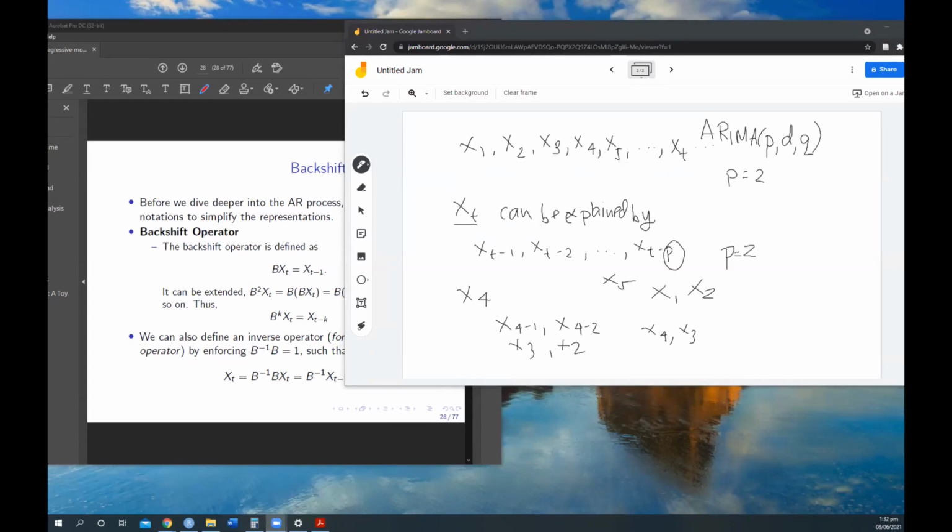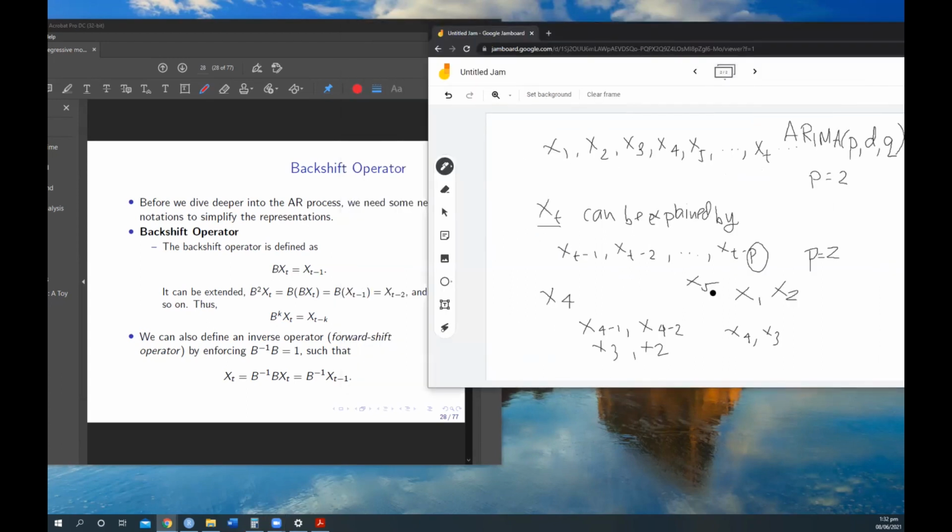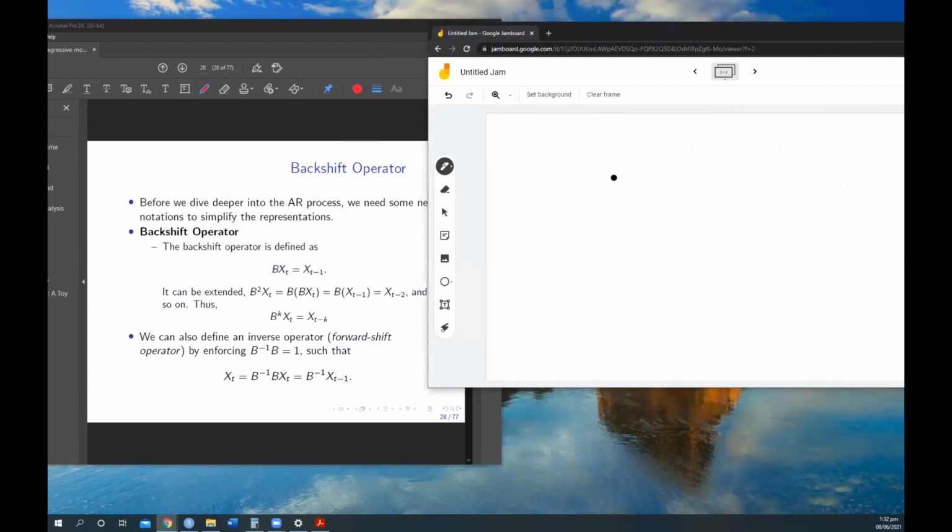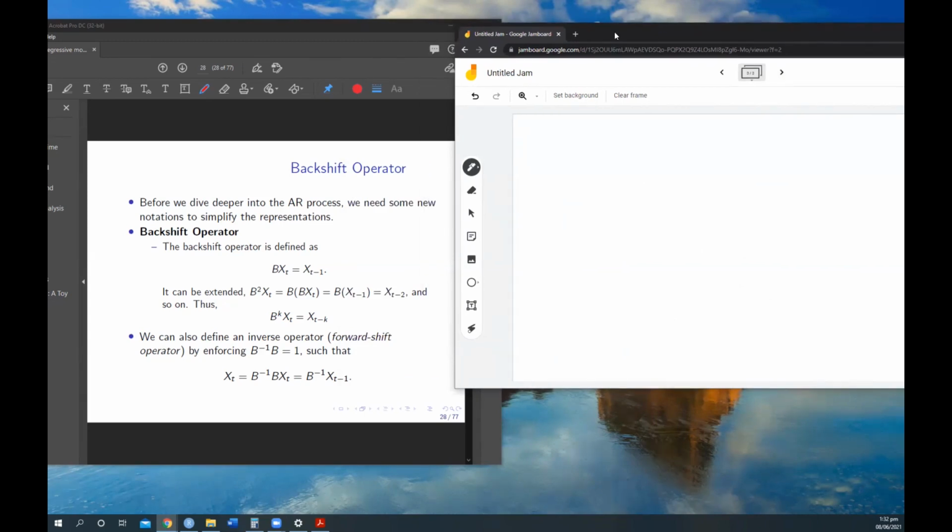Dali siya intindihin. Okay. So, itong backshift operator is just a way, no, to make our notation simpler. Okay? So, ginagamit natin itong backshift. We symbolize this as B, okay?